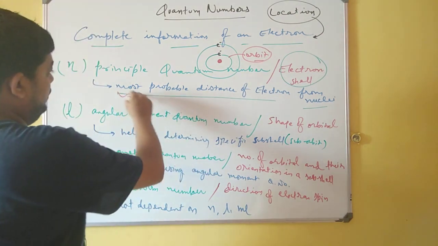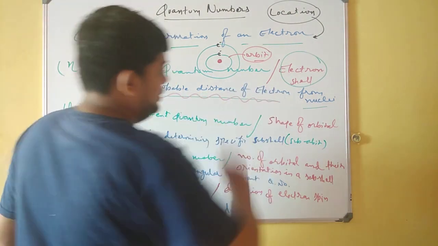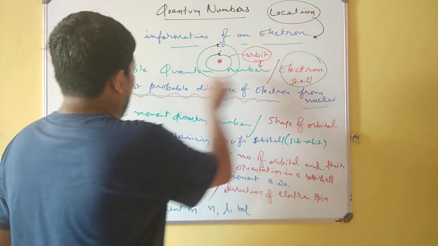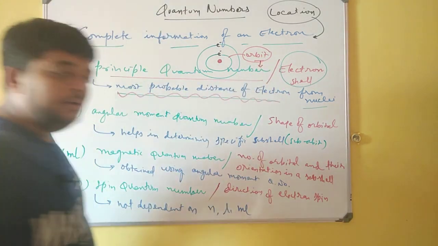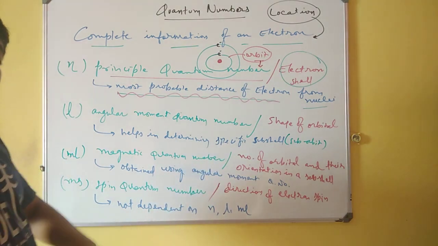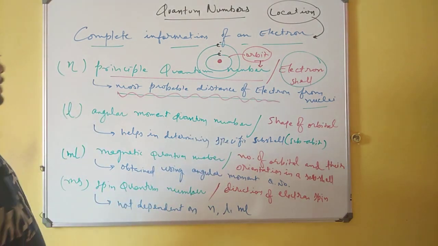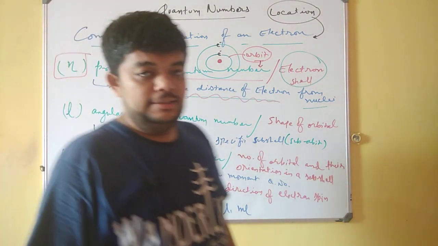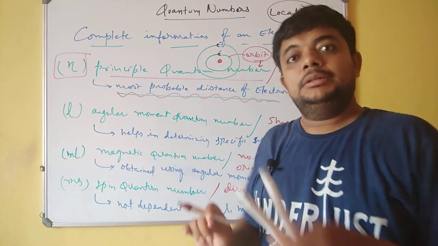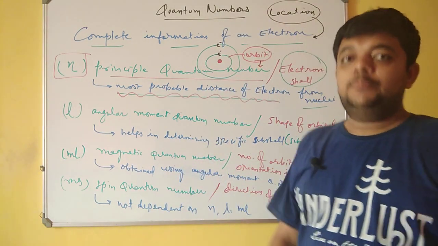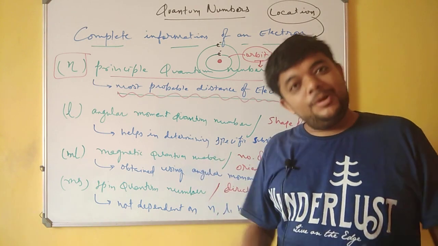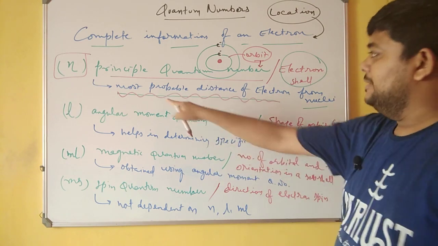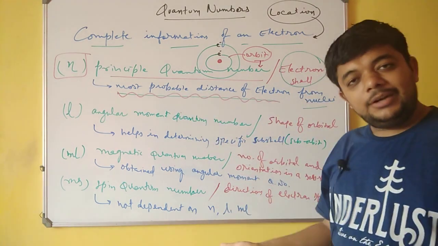Because of this statement of most probable distance of an electron from the nucleus, the orbit can directly be correlated with the principal quantum number. This was the reason why earlier we designated N to an orbit, which fundamentally is the path where an electron is revolving around the nucleus, and that electron's position from the nucleus is considered the most probable distance of an electron.